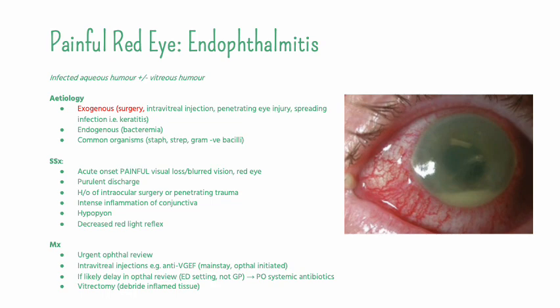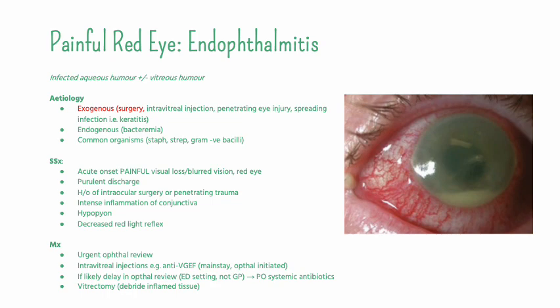The management for this is an urgent ophthal review with intravitreal injections, for example, anti-VEGF. This is the mainstay treatment and it's ophthal initiated and not GP initiated. Most of the management plans for all of these eye conditions are ophthalmologist initiated, so you just need to be careful in your examinations as to what you are limited to in the GP setting.